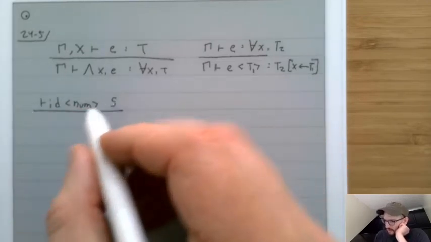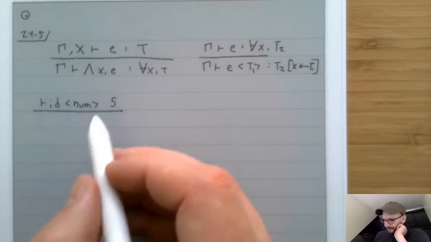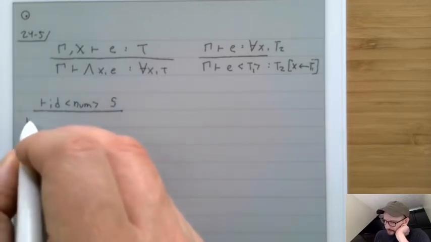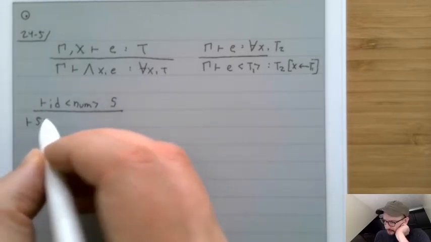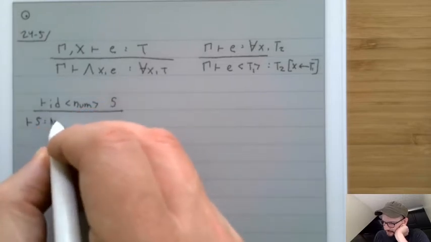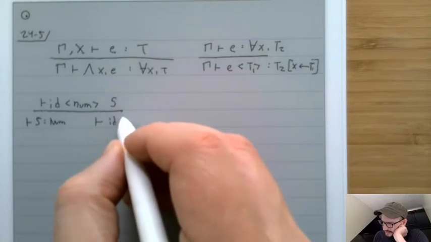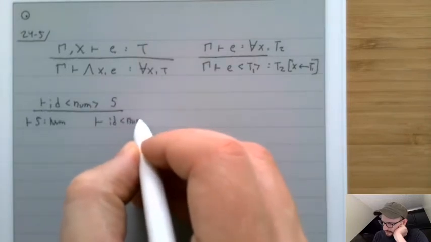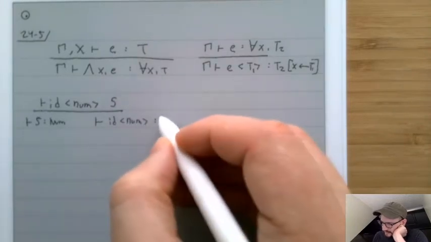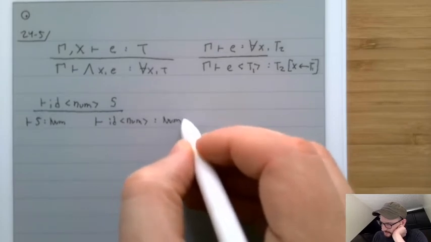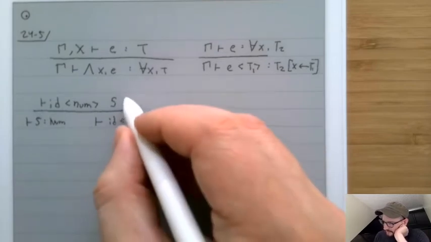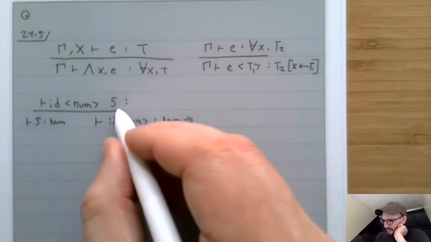So this right here is an application. So we need to first prove that 5 has some type, and its type is number. Okay. Then we need to prove that ID of num takes a number and returns something. And whatever it returns is the thing that's going to go there.